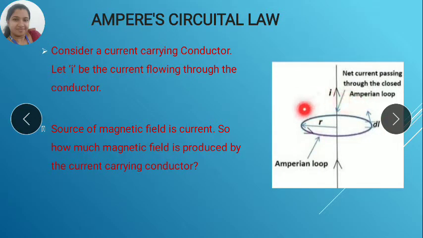This loop is called the Amperian loop, which means a closed loop. The important conditions are that current is flowing along this direction, the magnetic field is induced along this direction, and B is along this direction. The source of the magnetic field is current. Due to this current, we are going to calculate how much magnetic field is induced.